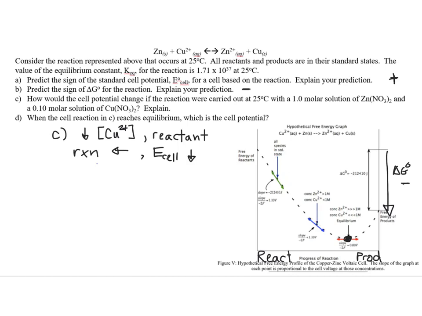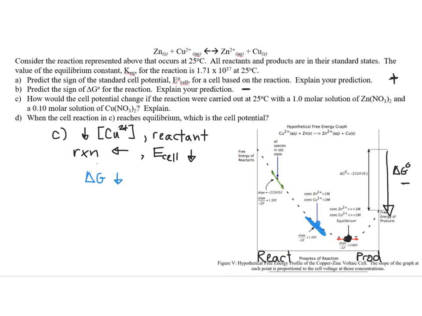So say it's this point right here, which they've got identified by a blue line. The slope of the tangent line at that point on the graph is less. That means that the Gibbs free energy at that non-standard condition is less.